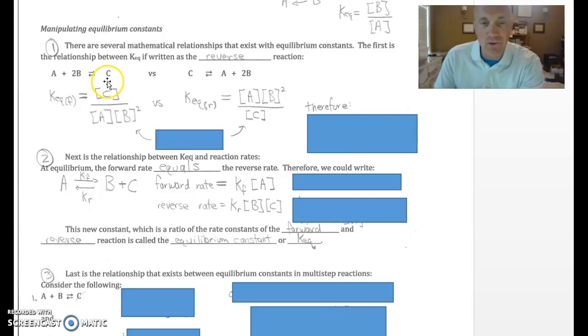Again, on both sides, all you're doing is taking the substances on the right side, which go in the numerator, and the substances on the left side, which go in the denominator.